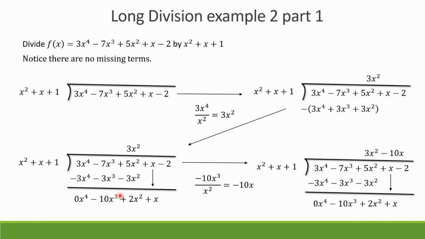Okay, so let's repeat the process. We have minus 10x cubed divided by x squared, as you can see over here. And that's equal to negative 10 times x.